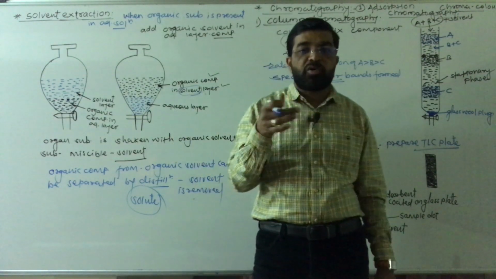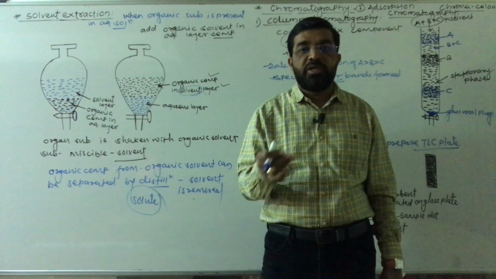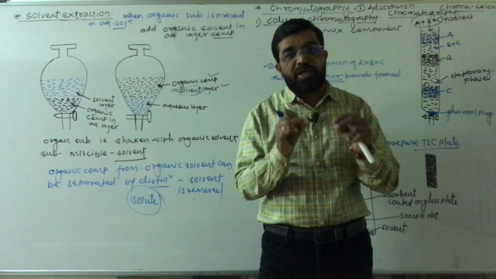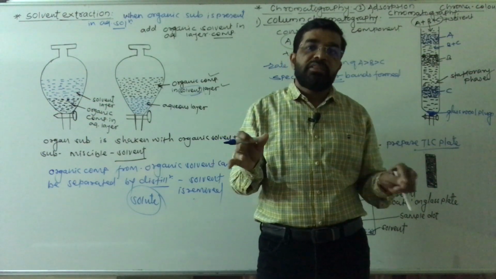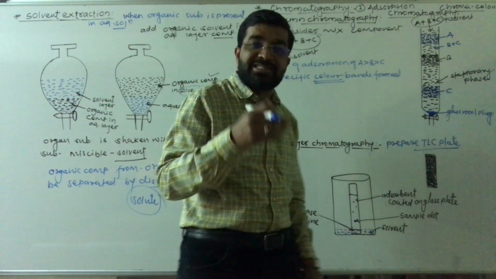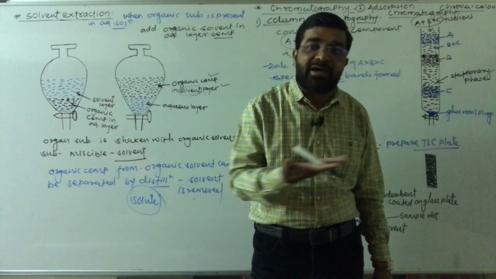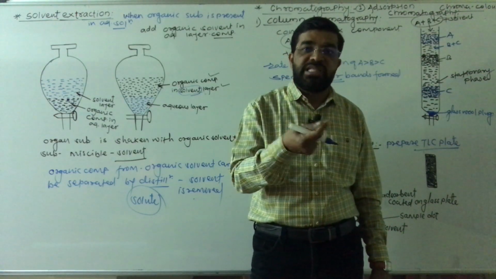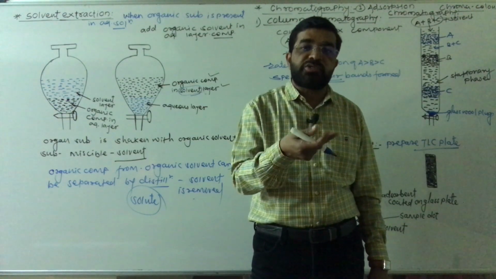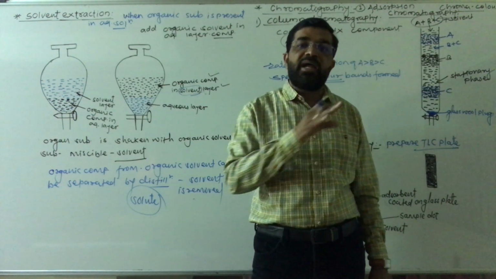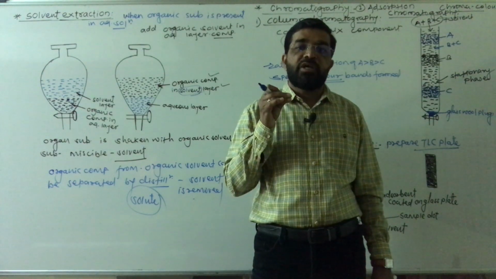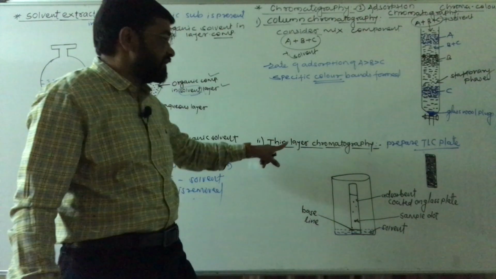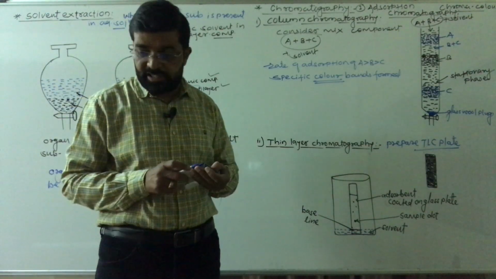We can find out from the color of the dot which component it is. If that spot has no color, then you have to place this TLC plate under ultraviolet light, then that spot will show fluorescence. It will glow, and by using that we can identify the component present in that mixture, and this technique is called the thin layer chromatographic technique.